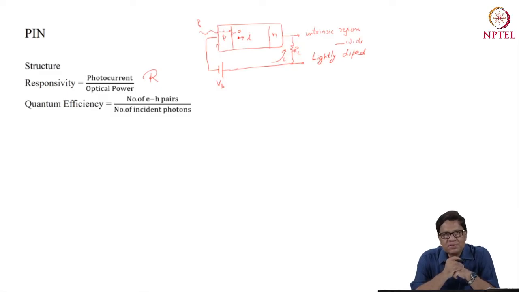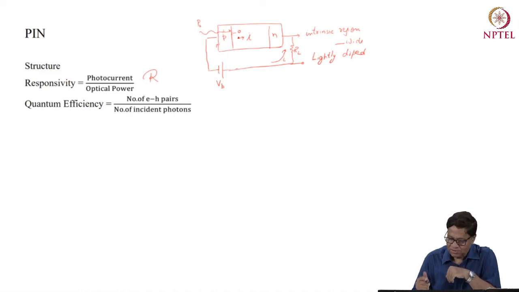So not every photon will result in electron hole pairs. Basically, the ratio of the number of electron hole pairs generated to the number of incident photons tells you the quantum efficiency of the photodiode. This is denoted by eta, quantum efficiency.